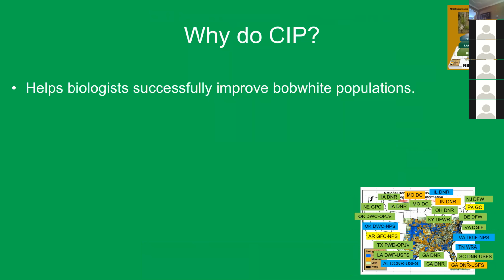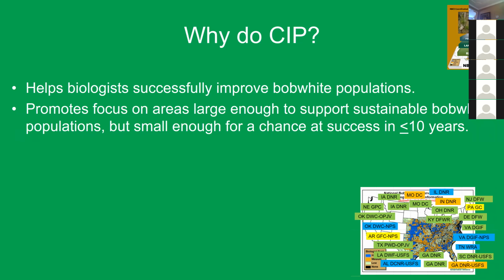Why do CIP? What is the value to an agency or organization thinking about having a CIP project? That helps you successfully improve bobwhite populations, the basic thing. That's kind of a given, but as I said, monitoring is such an important part of actually showing that it is possible.